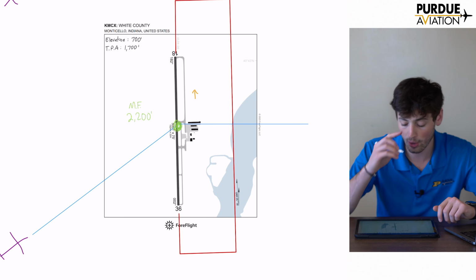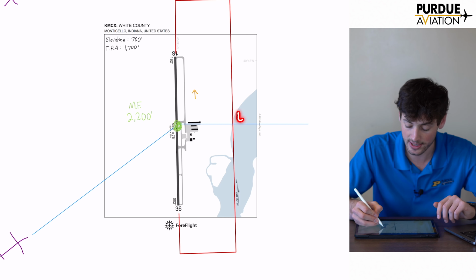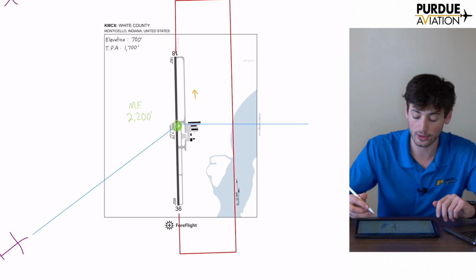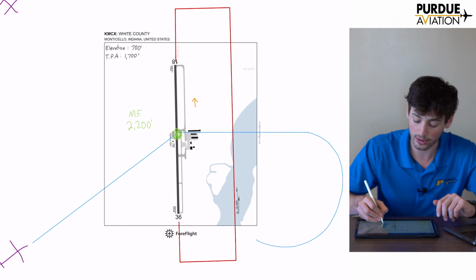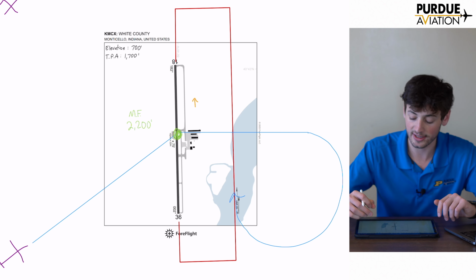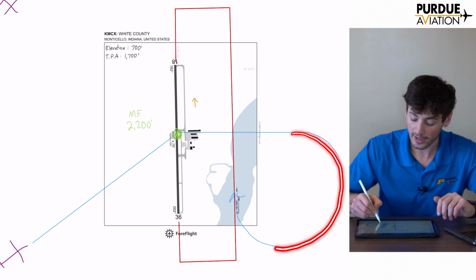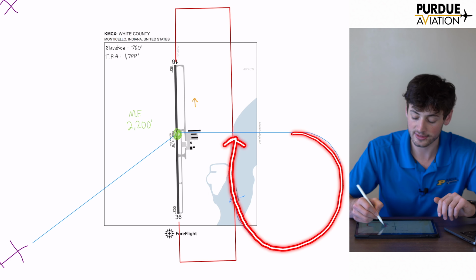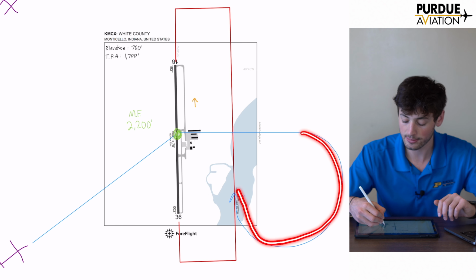So after you cross over the pattern and over that left downwind right here, you're going to do what we call a teardrop entry. And that looks like this, right? It's one big circle all the way around, and you join that left downwind. Now this is what we call a teardrop entry.